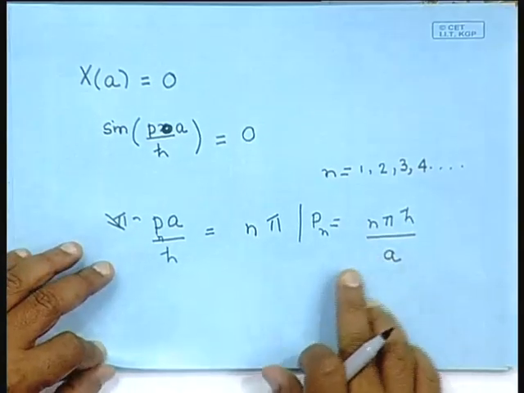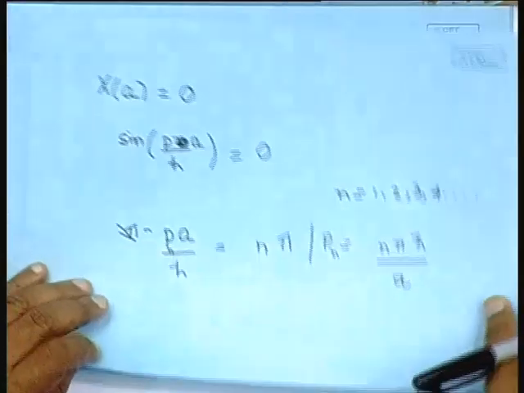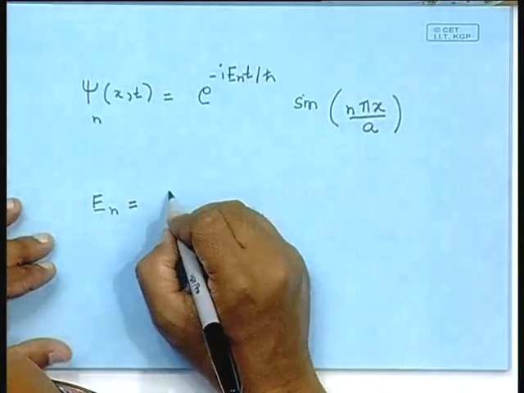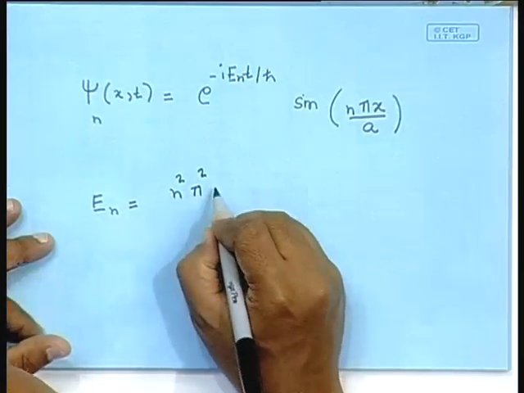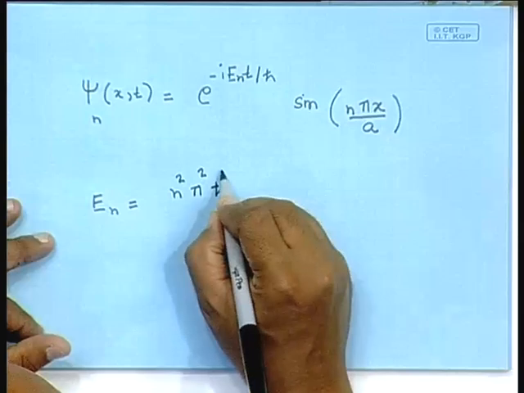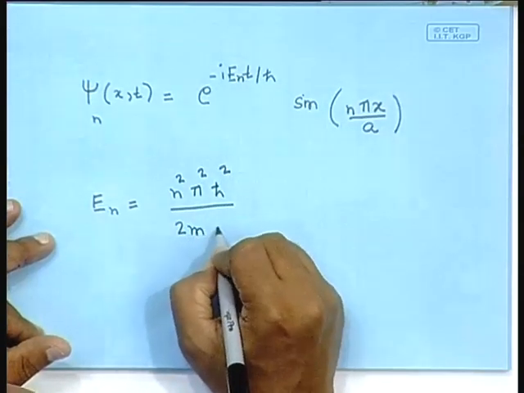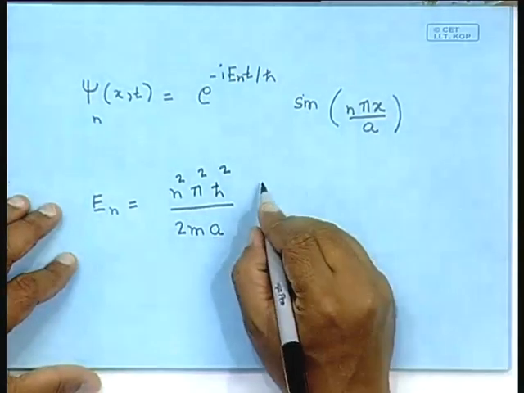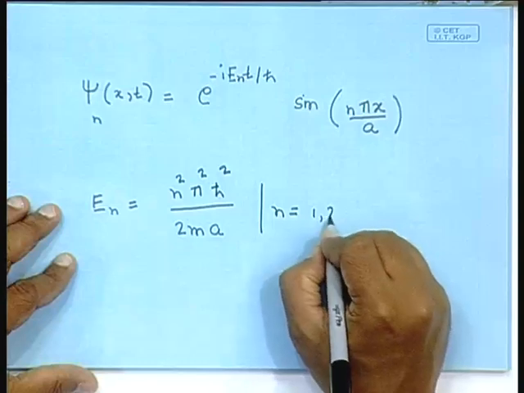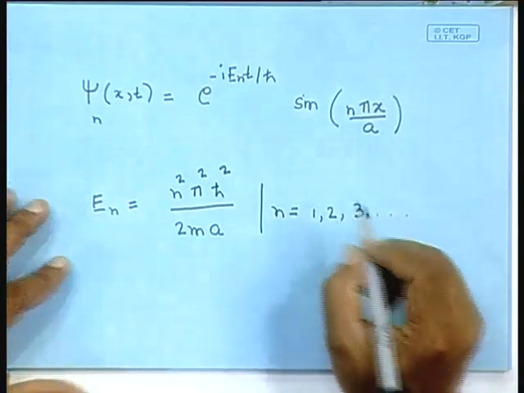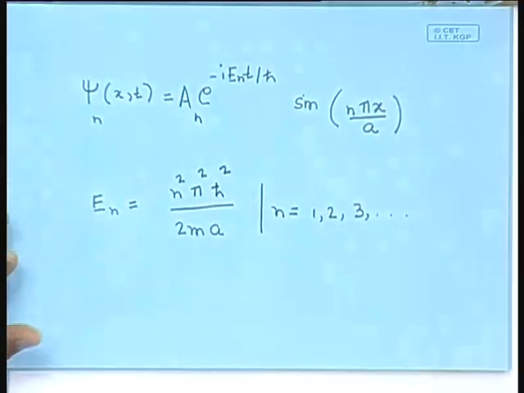So what we have is pi square h cross square n square by a square 2m, that is, n square pi square h cross square by 2m a square. And let me write this again. n can have any value 1, 2, 3, 4, etc. There could also be an arbitrary constant an over here.